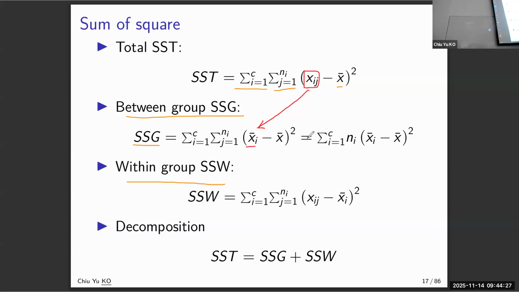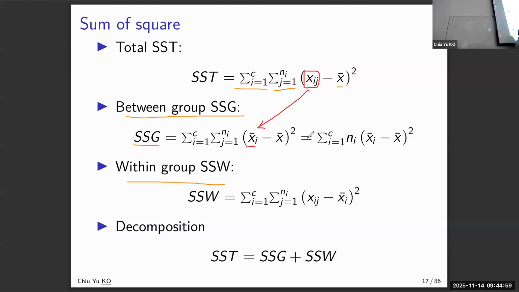Suppose your data is about how much consumers spend in each city. Instead of having everyone's willingness to pay in Hong Kong, you replace everyone in Hong Kong by the Hong Kong mean. Everyone in Shenzhen is replaced by Shenzhen's mean, everyone in Beijing by the Beijing mean. You calculate through the same process. This is called SSG.